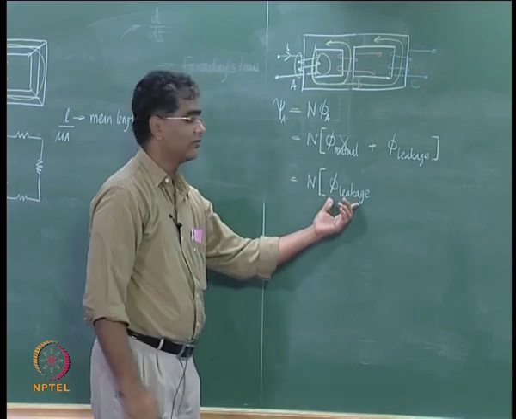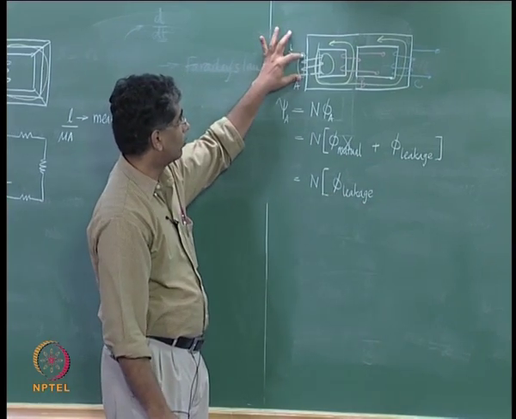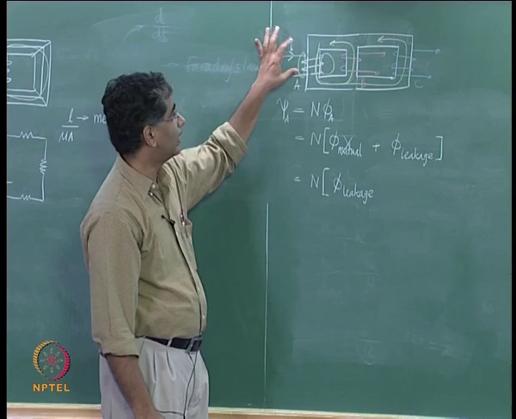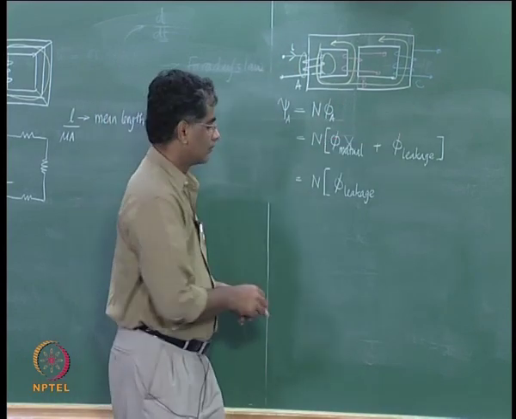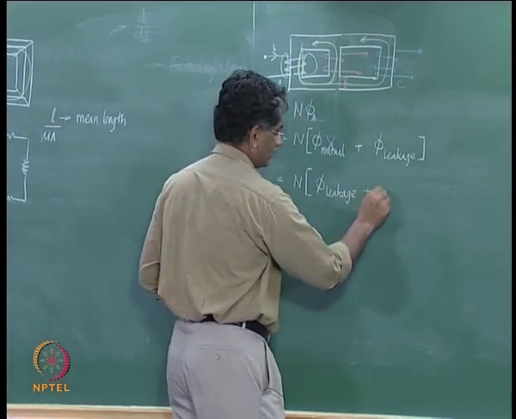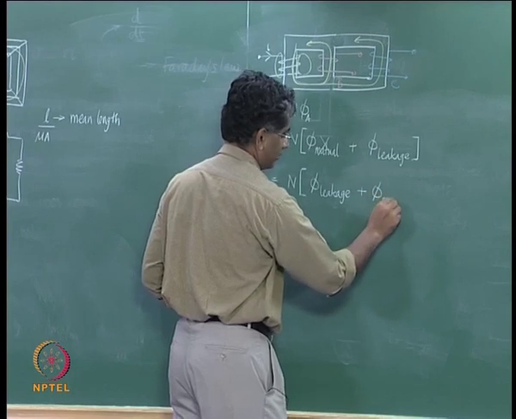Phi leakage refers to flux that links only this coil and nothing else, and then you call it phi magnetizing.